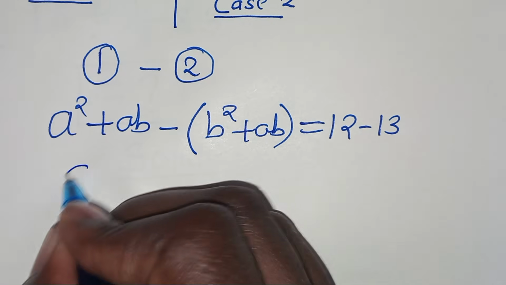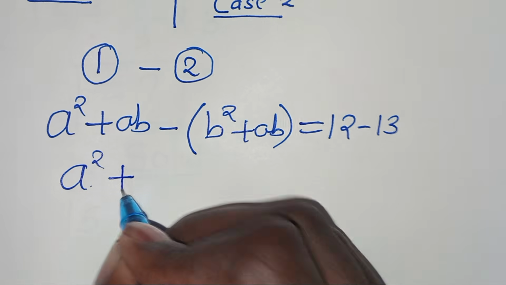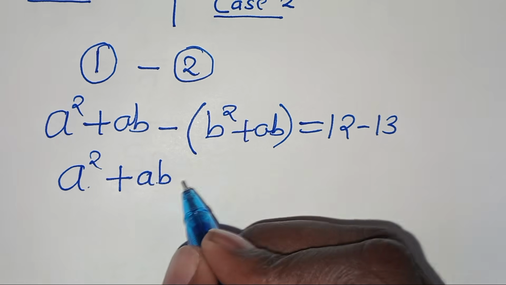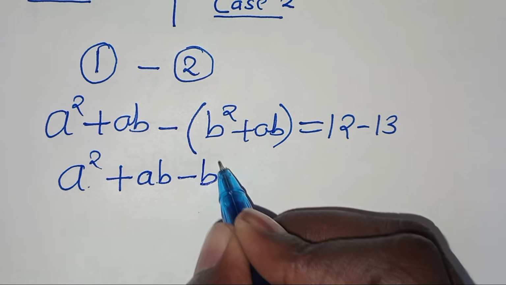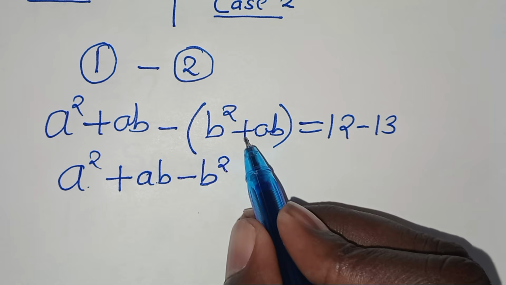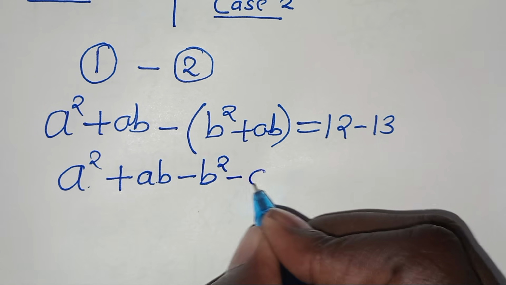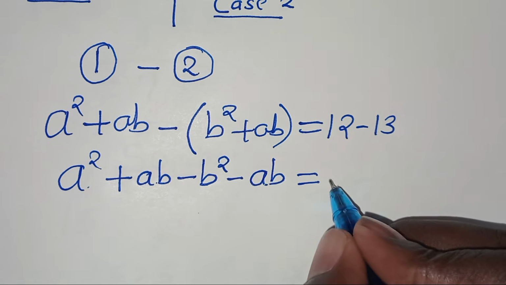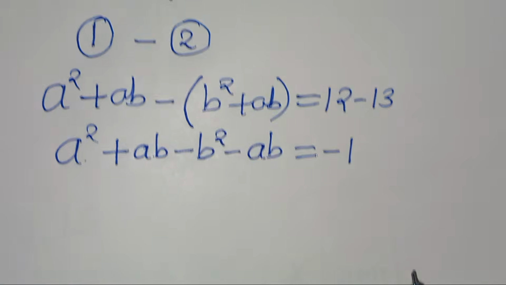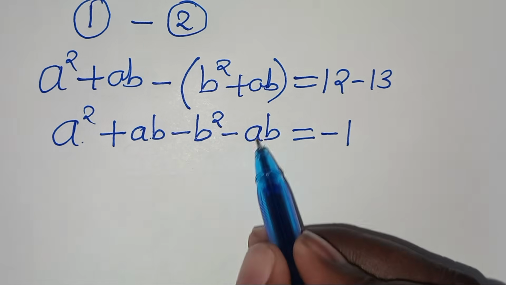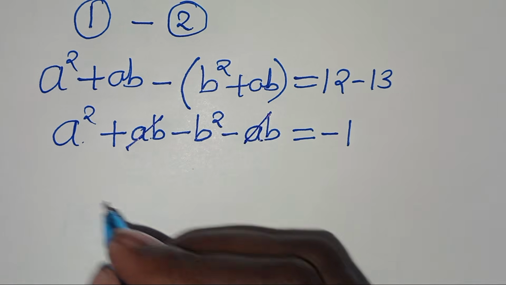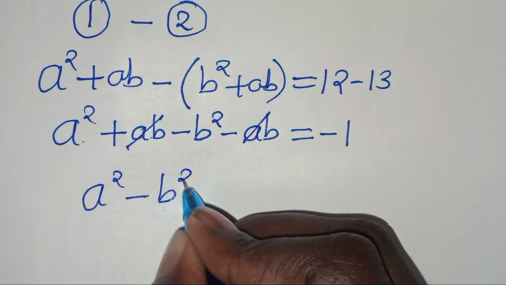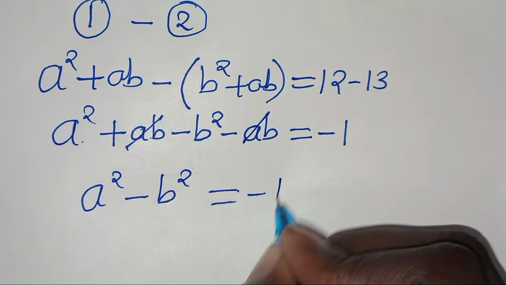So we have a squared plus ab, now let's open the parenthesis here, minus b to the power of 2 minus times plus ab, this is minus ab, equal to 12 minus 13, which is minus 1. So plus ab minus ab simplifies, and we have a squared minus b squared equal to negative 1.